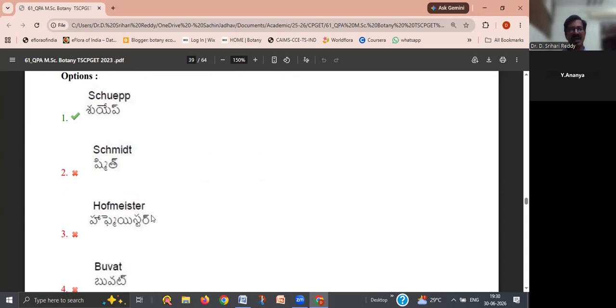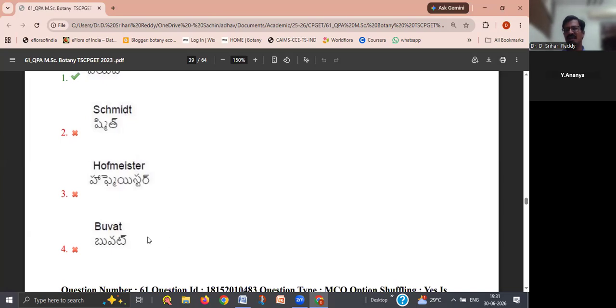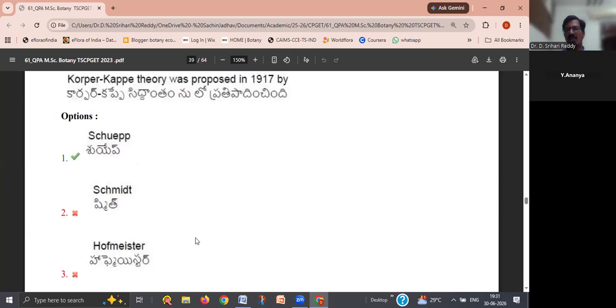And Hofmeister, already we know apical cell theory. It was proposed by Nageli and supported by Hofmeister. We can call both Nageli and Hofmeister related to apical cell theory. And Buvat is the French theory. So you have to remember Korper-Kappe theory was proposed by Schuepp. It is related to root apex. And apical cell theory is also related to root apex and shoot apex.